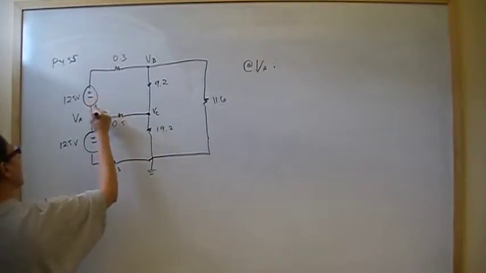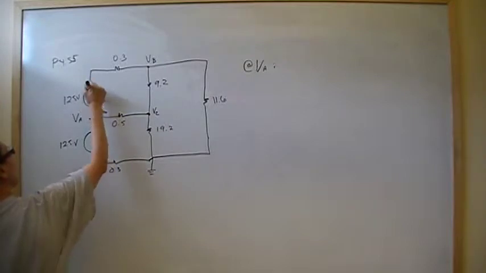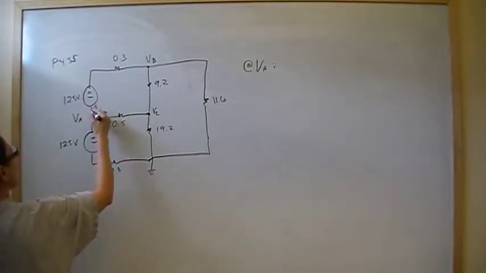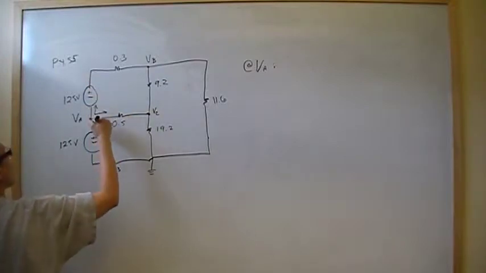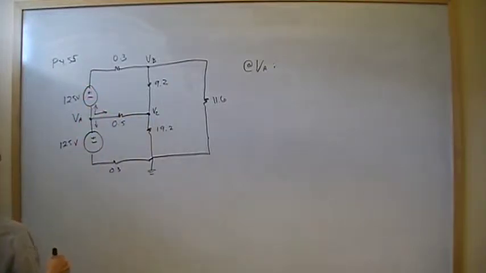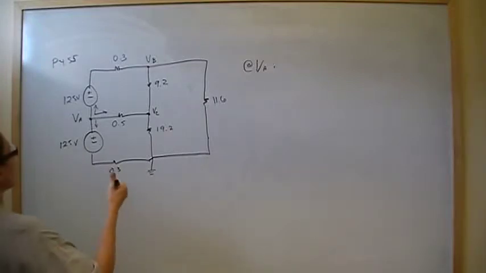Well, there's a current that's leaving the node, right? And as it leaves the node, it goes through a 125 volt independent voltage source. As it goes through the 125 volt source, it goes from a negative potential to a positive potential. Just like your checking account, when you go from negative to positive, you've gone up.